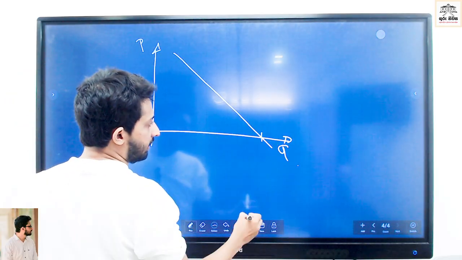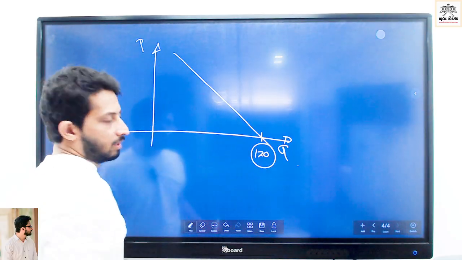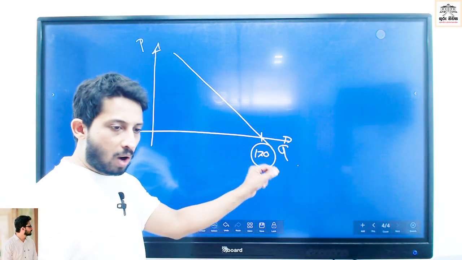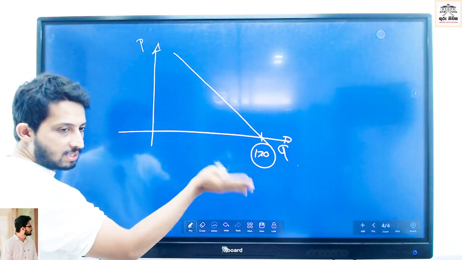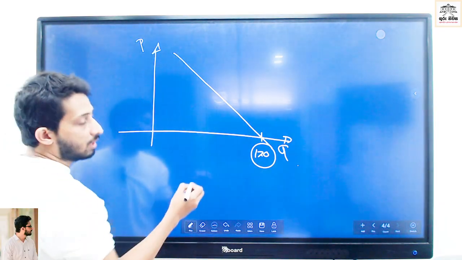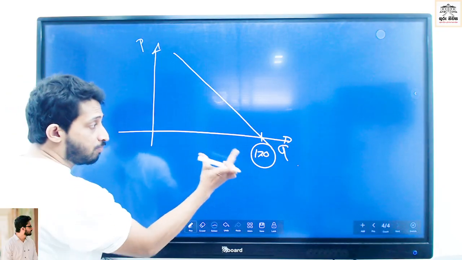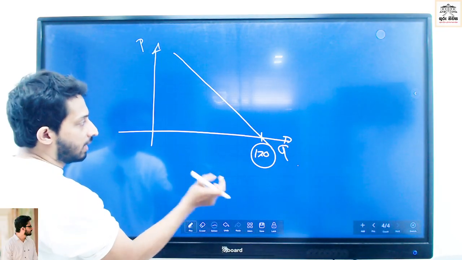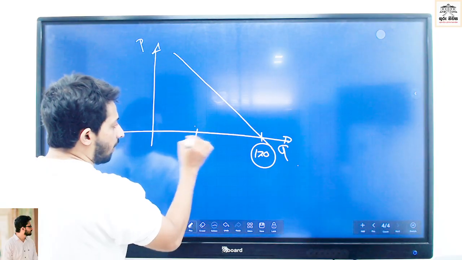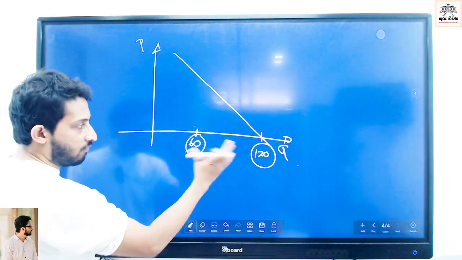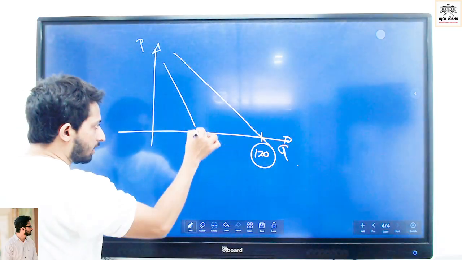If the AR curve intersects the quantity axis at, let's say, 120, remember the MR curve intersects the quantity axis at half the distance of AR. Here the total distance is 120, so the MR curve will intersect the quantity axis at 60, half the distance of AR. Then this is the shape of the MR curve.